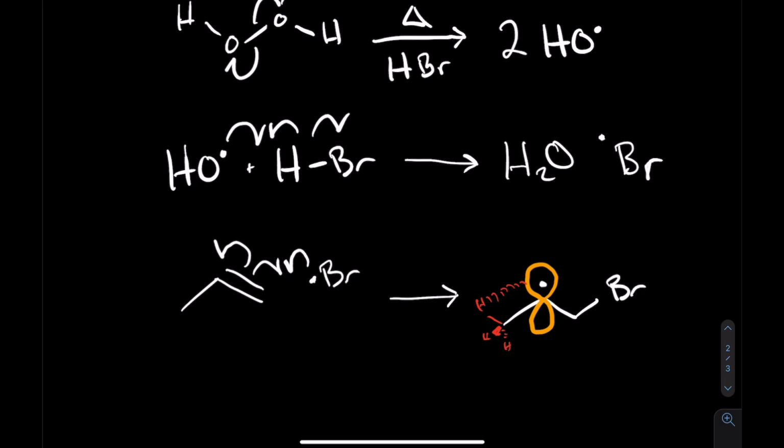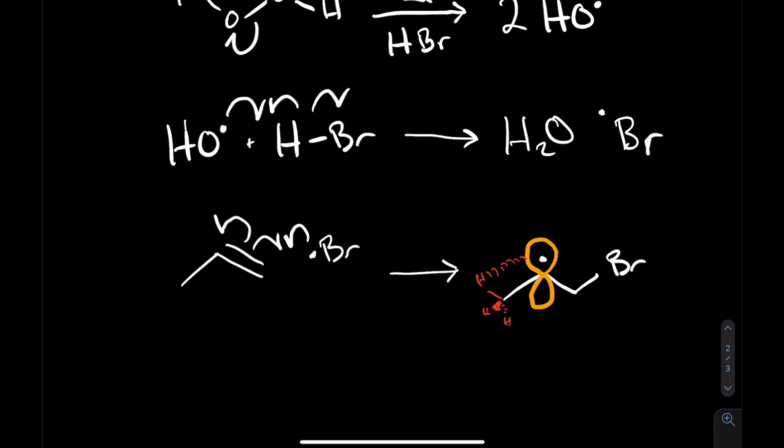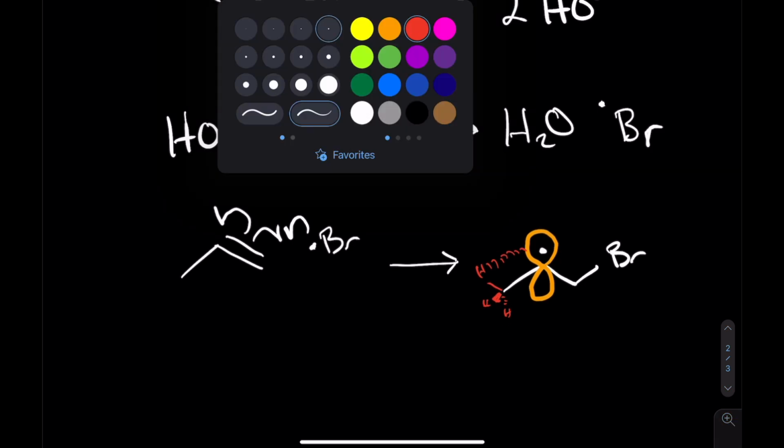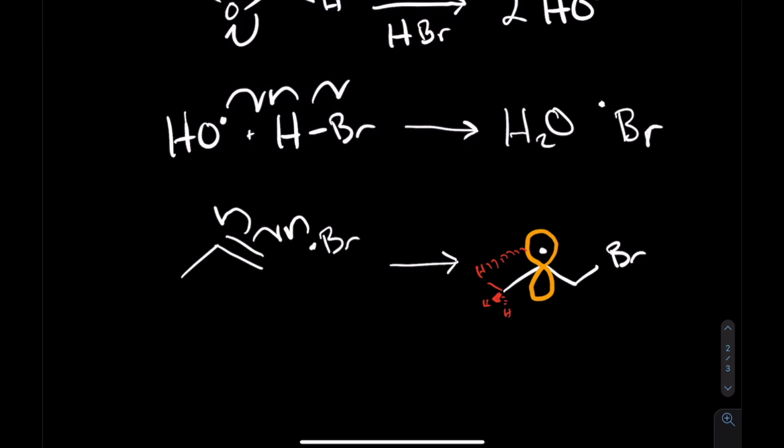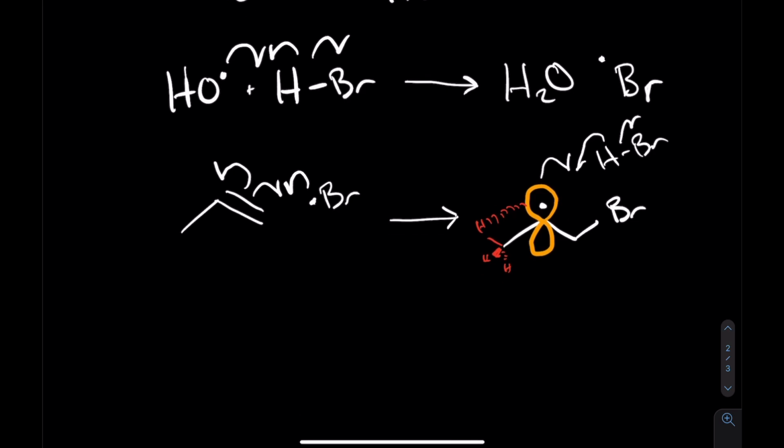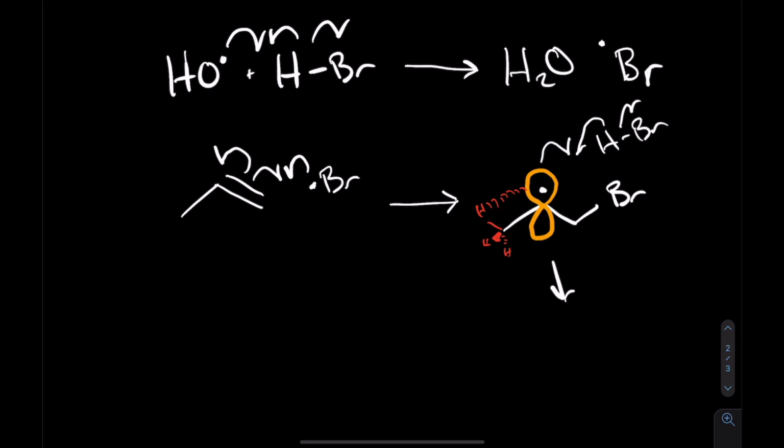The next step, of course, is that another molecule of HBr somewhere in solution will come in, and you'll get a combination, and that organic radical will then take that hydrogen, and it'll generate another bromide radical. And your final product will then be the anti-Markovnikov product.